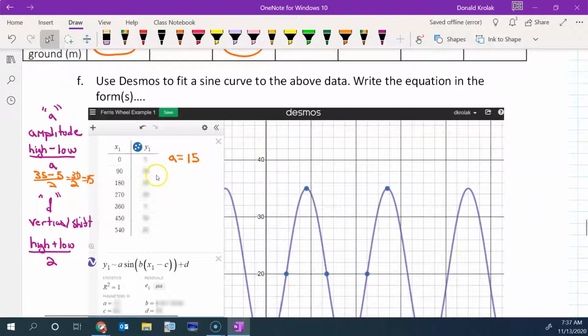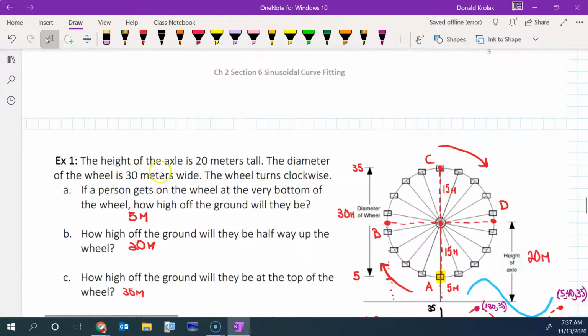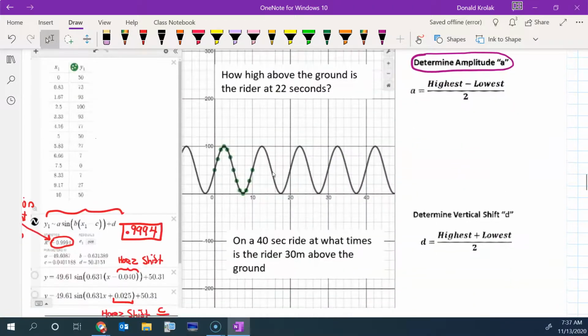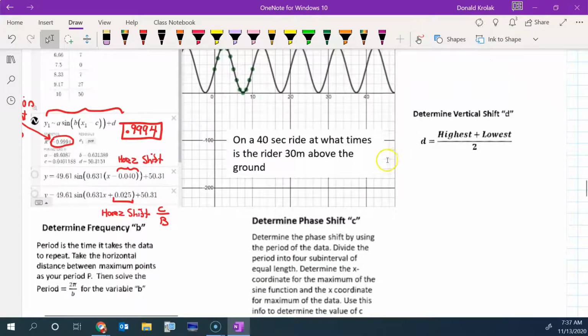And now the vertical shift. To find the amplitude, we take the high point and the low point and divide by 2, and that's how tall these curves are, because the amplitude is measured from the midline.